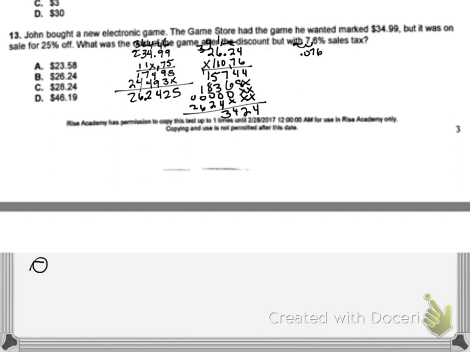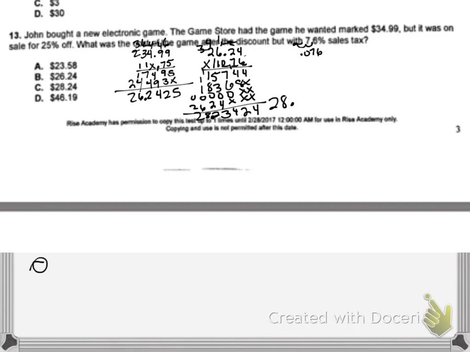Number of decimal places, 1, 2, 3, 4, 5. So it'd be $28.34.